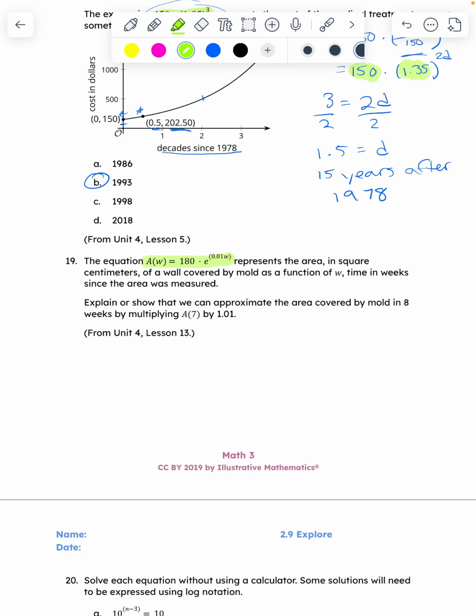And we're going to explain or show how we can approximate that area after 8 weeks by multiplying a of 7 by 1.01. So I'm going to warn you, my friends, we are going to use my favorite exponent rule here, right?